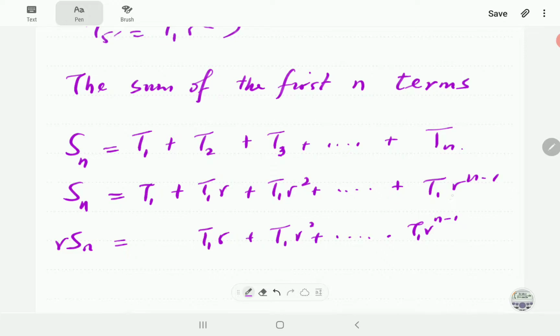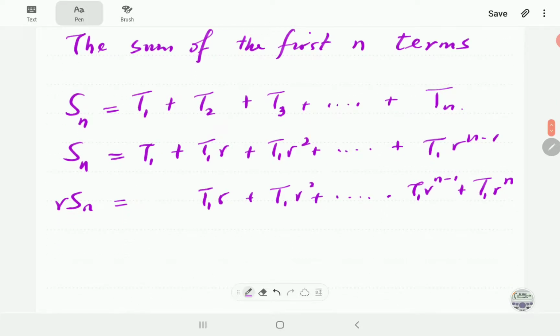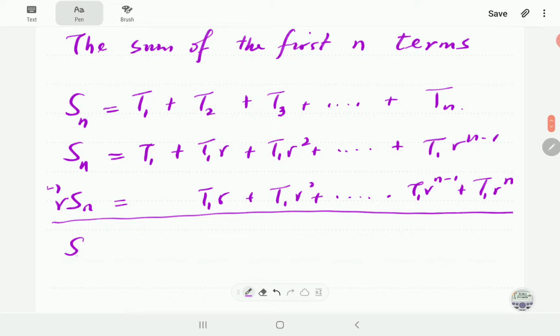If you multiply this one by r, we're going to get T1r to the power n. Right, then what we're going to do here is subtract. So if we subtract this second one, on the left hand side we're going to have Sn minus r Sn.